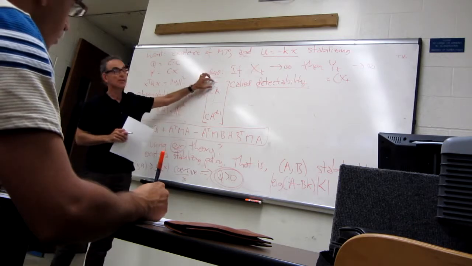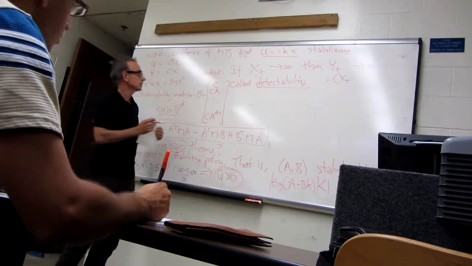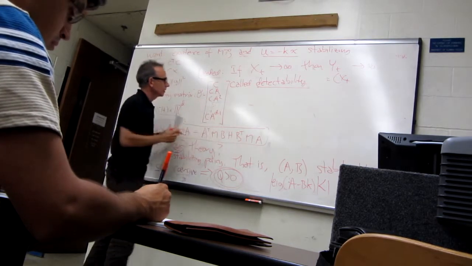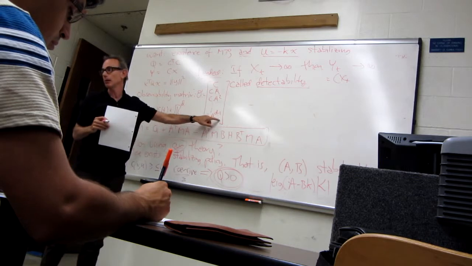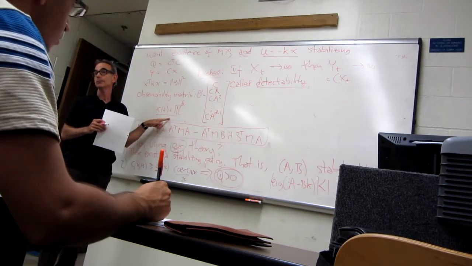You take this matrix C, and then look at CA and CA squared, all the way down to C times A to the d minus 1, where d is the dimension of the state. That's called the observability matrix.